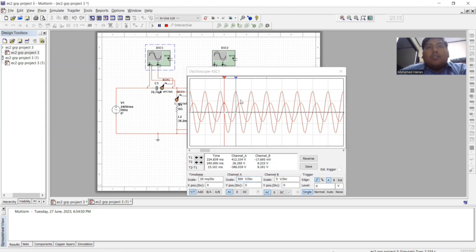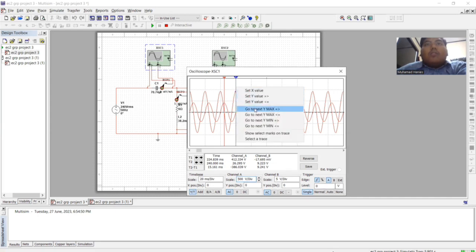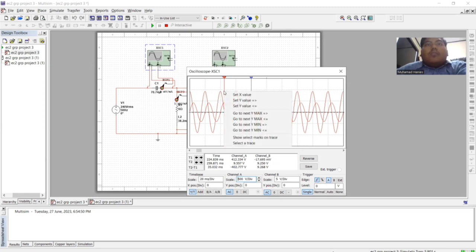Okay, to find a V peak, first choose this and click by max. Then second one by max.